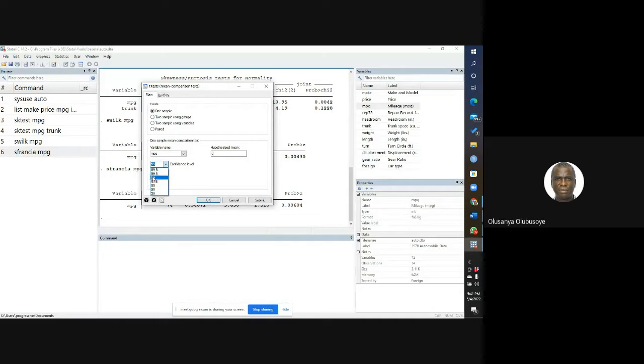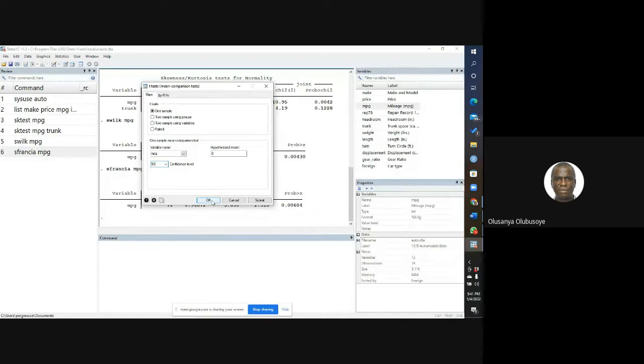But the default one, the common one is 0.05 for alpha, but it will now be 95% confidence for 1 minus alpha. So the opposite of level of significance is the confidence level.